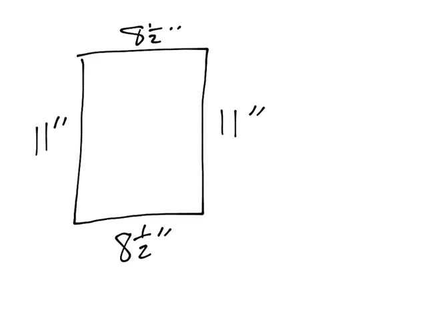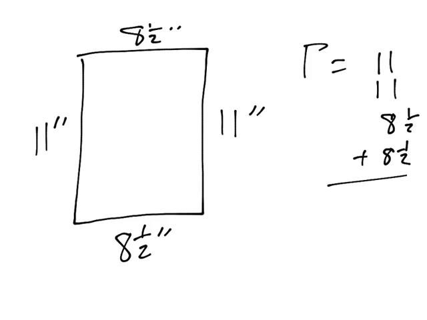So an 8.5 by 11 has 4 sides, so pairs of sides are equal length, but for perimeter I still have to total 2 11s with 2 8.5s. And when you're adding, you're deciding whether you're going to do technique 1 or technique 2. I'm going to go ahead and do technique 1.